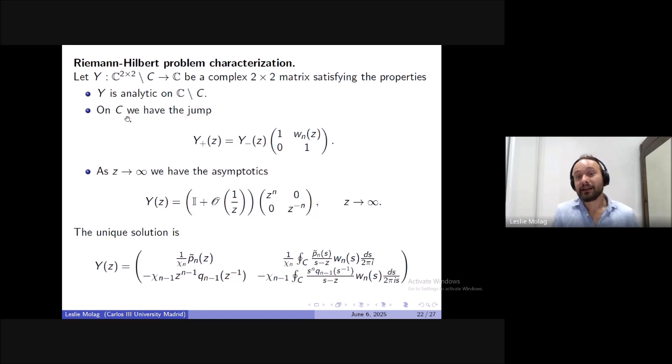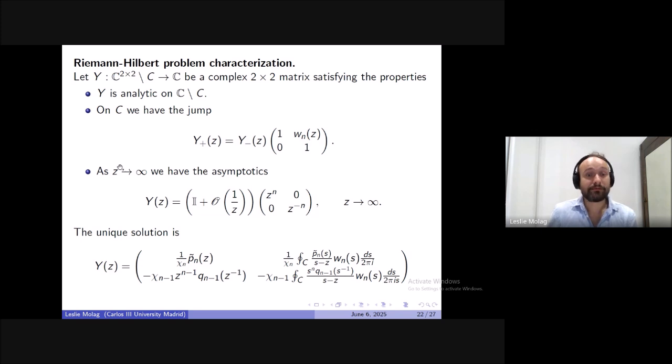Then on C, it's not analytic or even continuous, but it does have continuous boundary values if you approach the contour from the inside, which is the plus side, or if you approach the contour from the outside, which is the minus side. And then these two limits are related to each other by this matrix multiplication. This matrix is usually called the jump matrix.